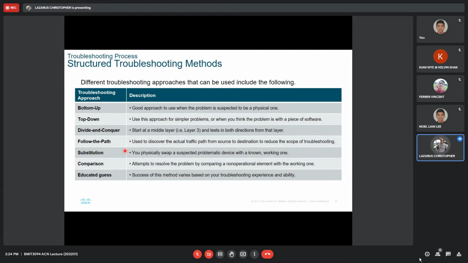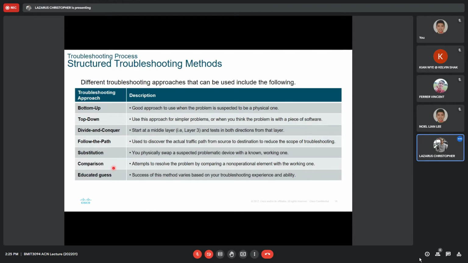You can allow the network to recover while you check the faulty device. All right, so this is another way, substitution. Or you compare the current device with a device that you know is working well. You get information from this device, you check the other device, and you compare.